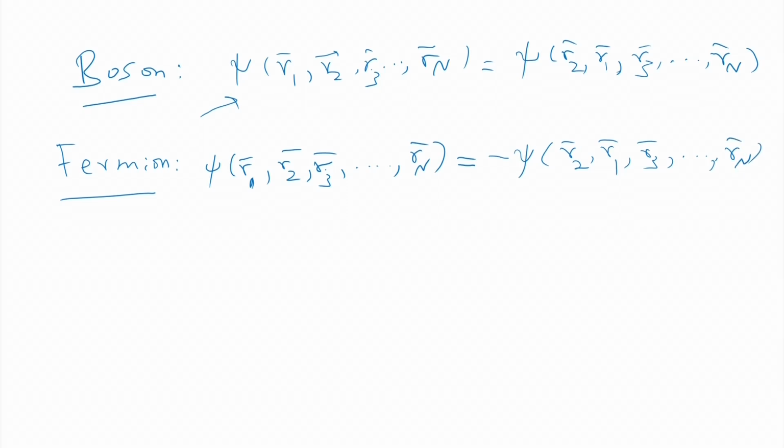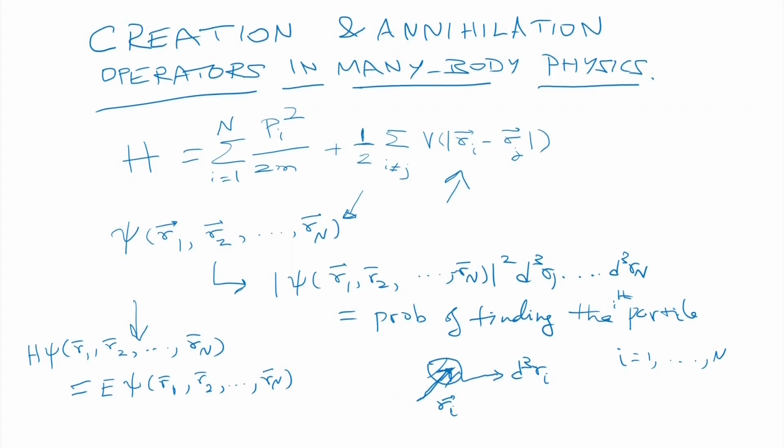So, if I interchange R1 with R2, the wave function changes sign. If it does, then you call that an n fermion system. Both n boson systems and n fermion systems have to obey the stationary state eigenvalue equation, the time independent Schrodinger equation, that is what it is called here.